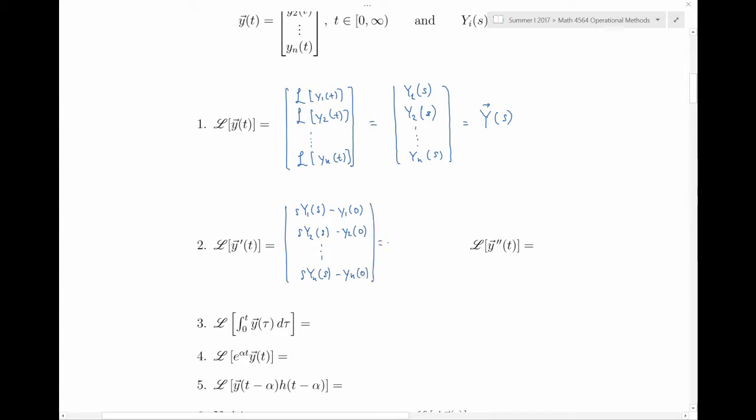So we can write it as s times the vector Laplace transform of my vector y minus the initial value of y at 0.